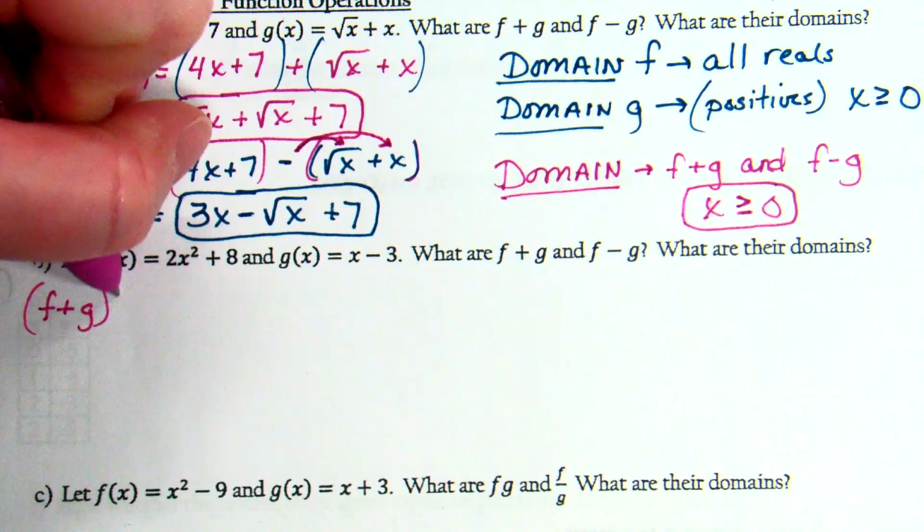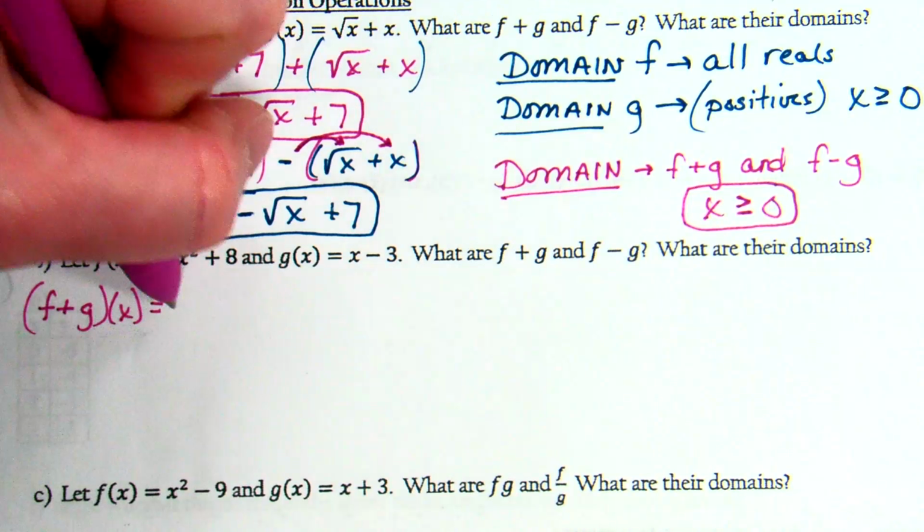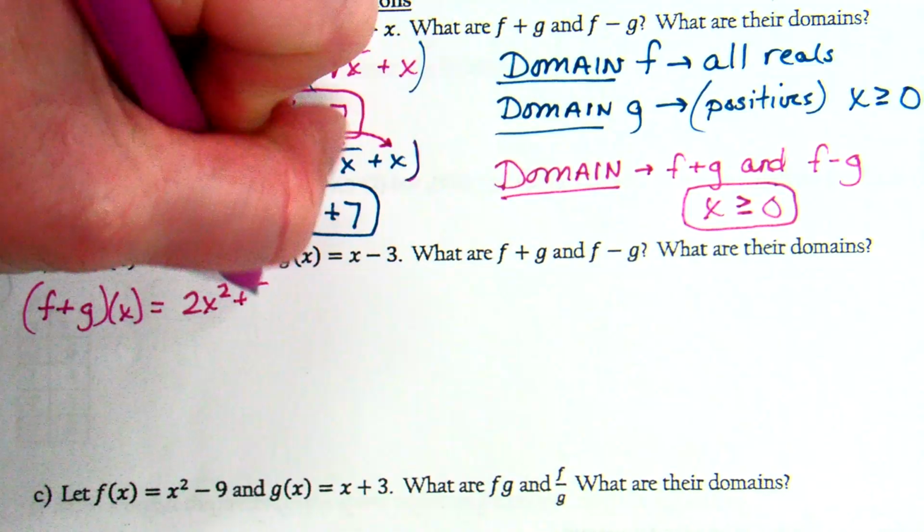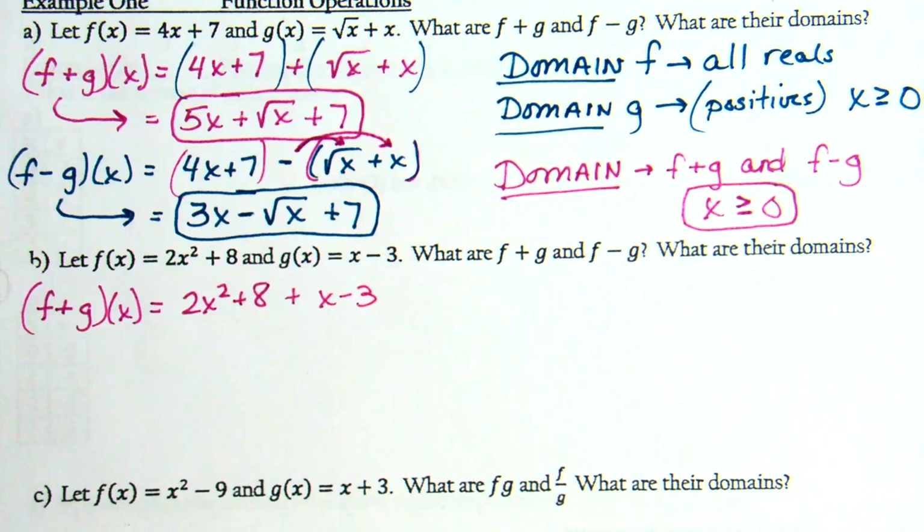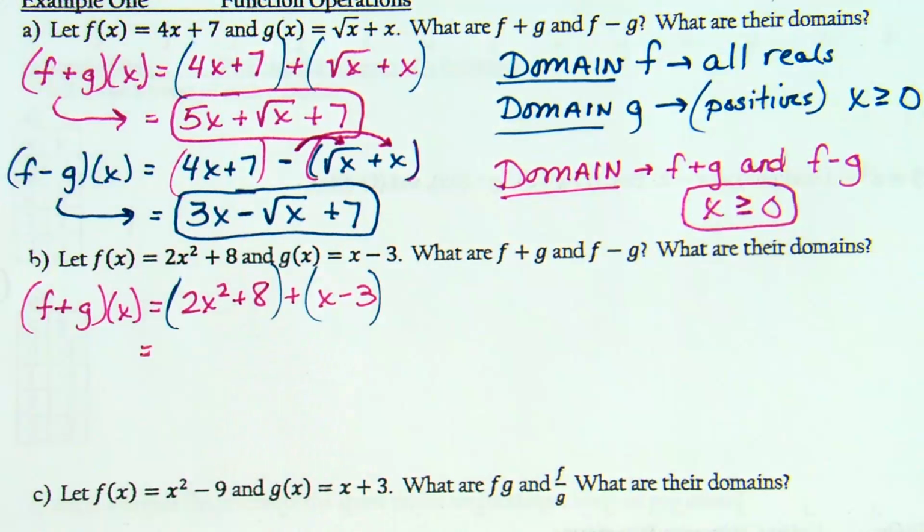Okay, so f plus g. What are we doing? We're adding 2x squared plus 8 and x minus 3. So you're adding the first function and the second function. What do you get when you add those together?